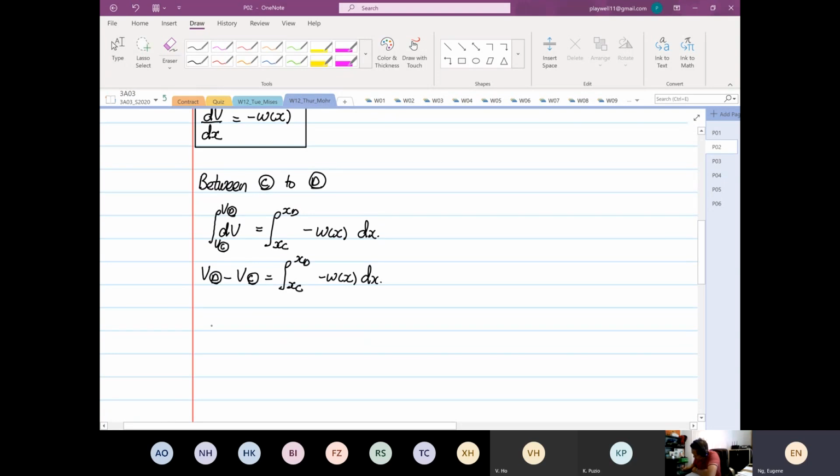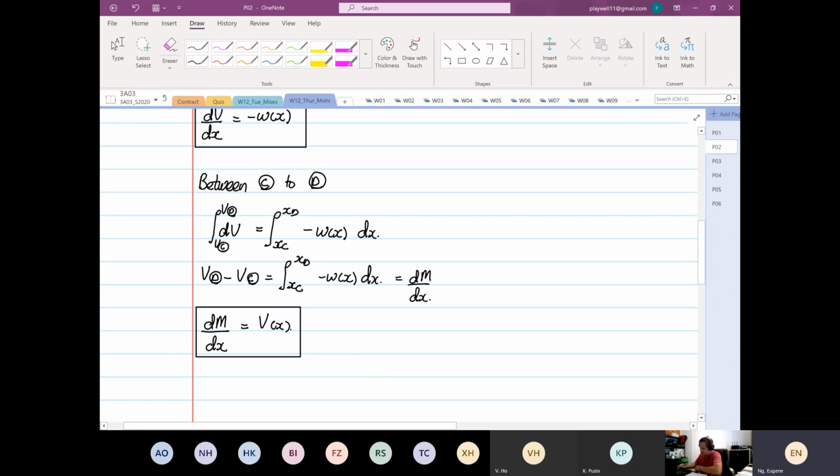Okay, so if we have the derivative dM over dx, this is equal to V as a function of x. So from here, we know that this is also equal to dM over dx.